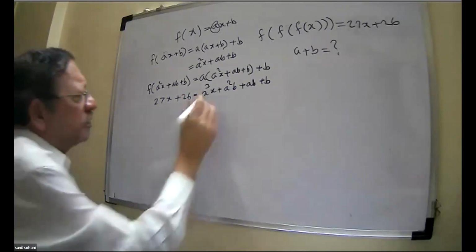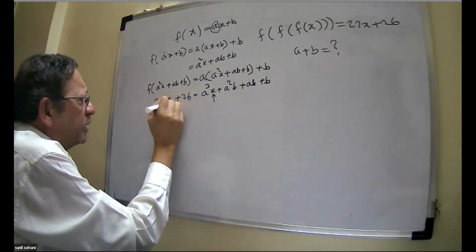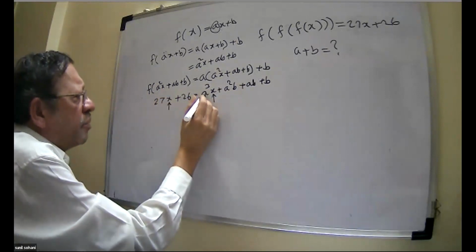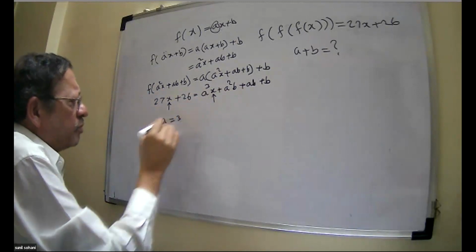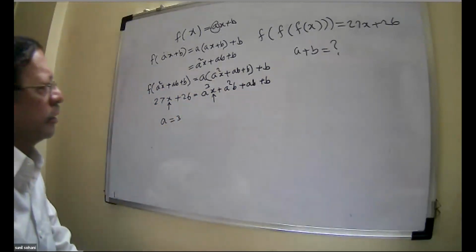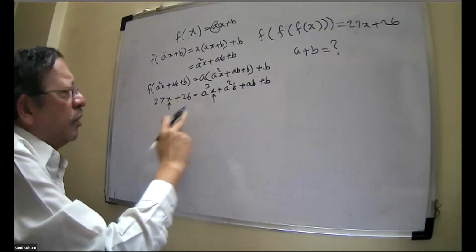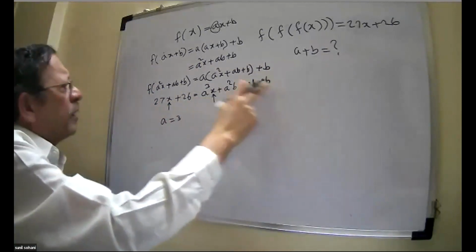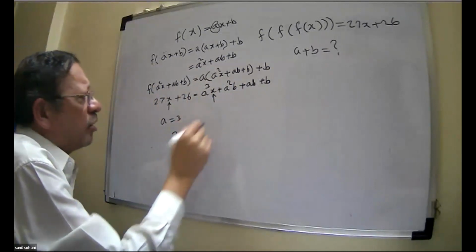Now the x term is only a single term, so this should match 27x. As a result, you can compare a cube with 27 and say very easily a must be 3. So from here we got the value of a. Now the remaining part is equal to 26. So a square b plus ab plus b equals 26.